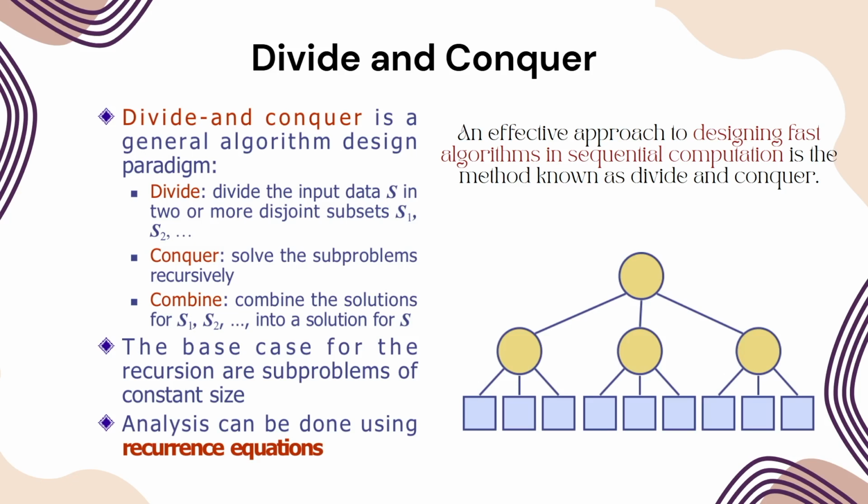We then proceed to the next sub-step, which is the conquer step, where we attempt to solve each of those sub-problems recursively. And the combine step, which is the last step of the divide and conquer approach, is where we combine the solutions of each of our sub-problems, namely S1, S2 up to Sn, in order to find the collective solution for the particular data set S. This approach will have a base case for the problem, and the rest of the steps can be solved by following the recursive steps.